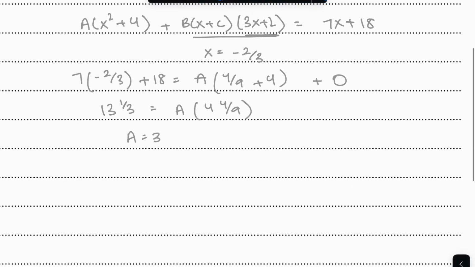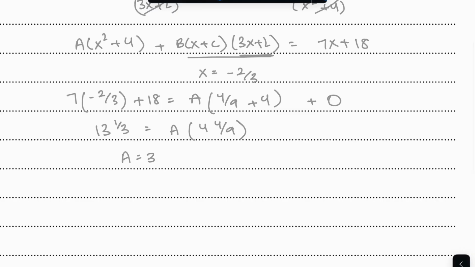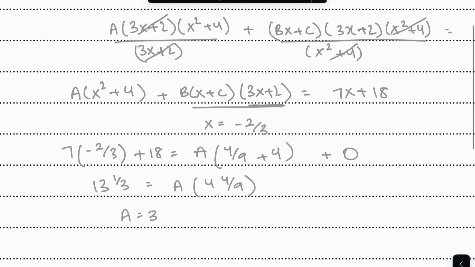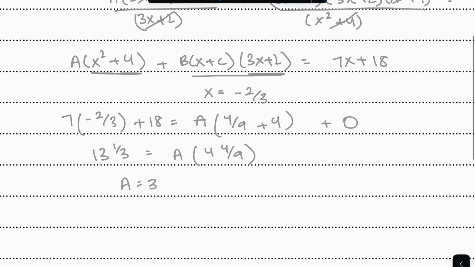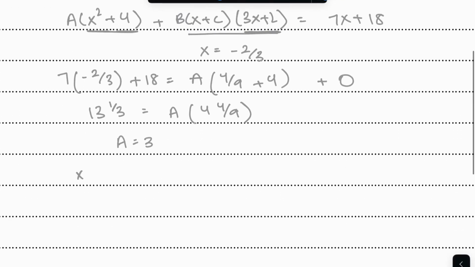If we simplify using a calculator very quickly, we get a is equal to 3. Now that we have that, we will try and find the values for b and c. For x squared plus 4, we can't make this expression go to 0 because even if we put 2 or minus 2, the square will always be positive. So instead, we are going to take x as 0.